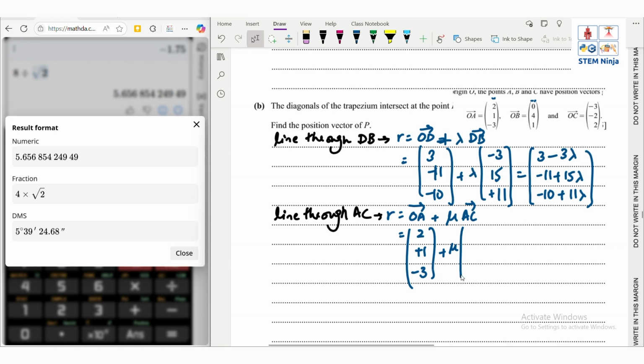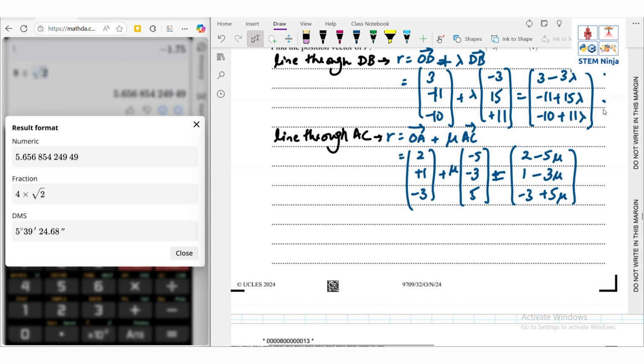Mu AC is now C minus A, so minus 3 minus 2, minus 5. Minus 2 minus 1, minus 3. And 2 minus minus 3, 5. So 2 minus 5 mu, 1 minus 3 mu, and minus 3 plus 5 mu.